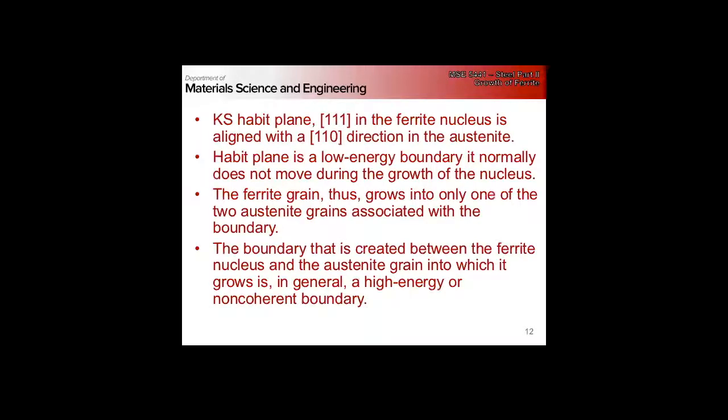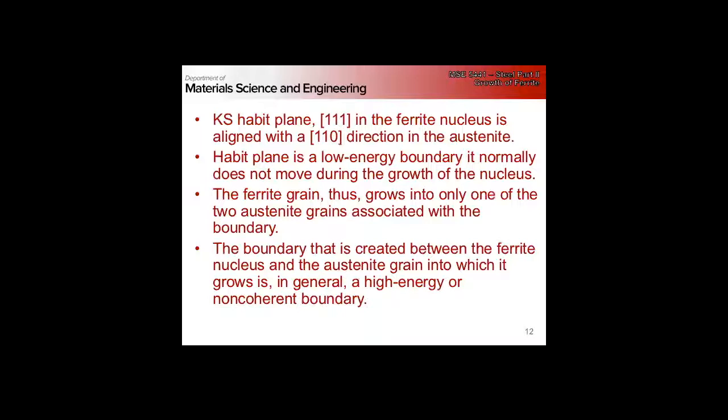So this Kurdjumov-Sachs habit plane is 111, and the ferrite nucleus aligns with the 111 direction in ferrite aligns with the 110 direction in austenite, and this habit plane forms a low energy boundary, right? It doesn't move, right? It has virtually no mobility.